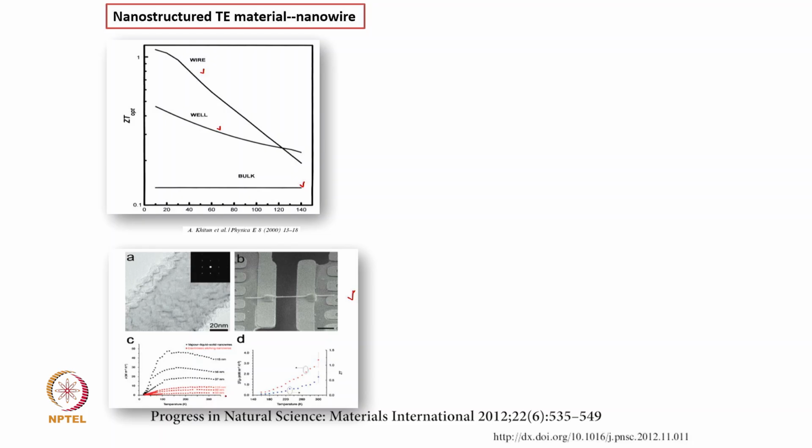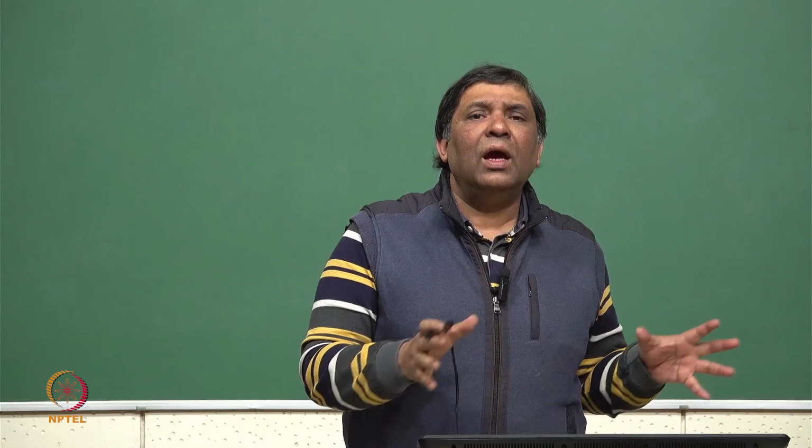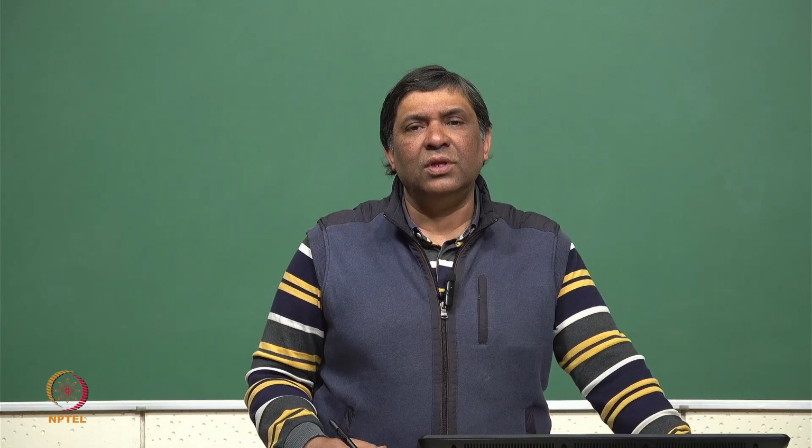And if you see, this is a typical value of the thermal conductivity, where we can see that thermal conductivity is much lower when we consider the carbon nanotube or one-dimensional nanostructure or nanowire. I already discussed why there is an enhancement in the scattering and also a reduction in the phononic part of the thermal conductivity.